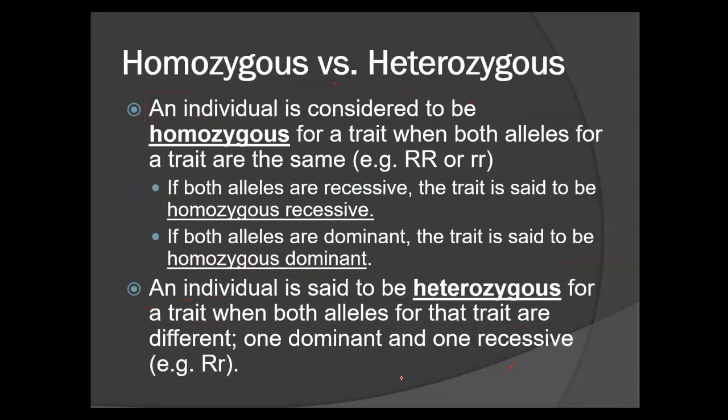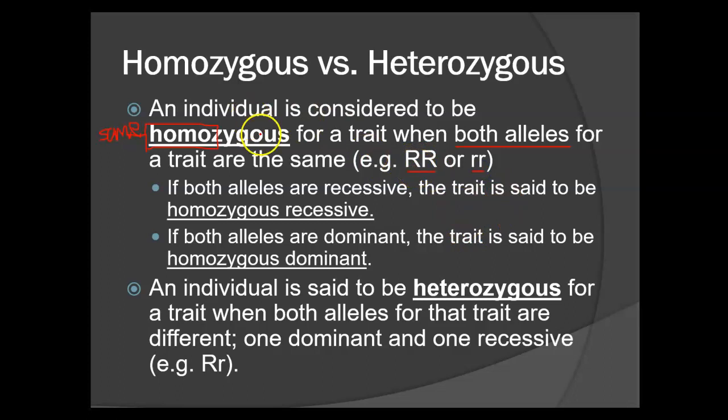The next thing that we can do is categorize things and become more accurate with how we're representing things. So, a homozygous individual is an individual where both alleles are the same. Homo, that prefix there, means same. If we have an individual who is big R, or an individual who is little r, those individuals are homozygous.